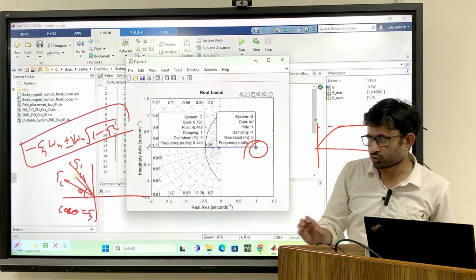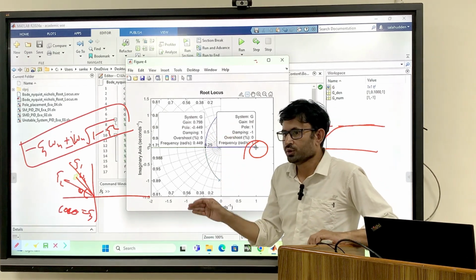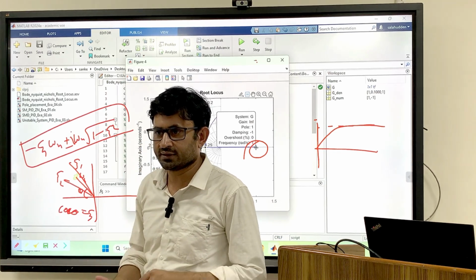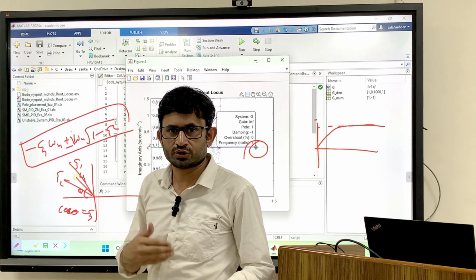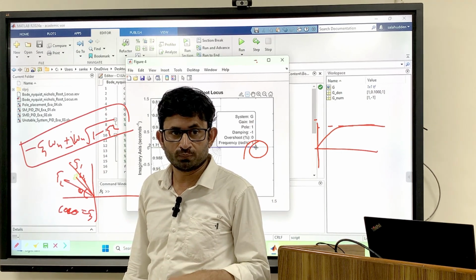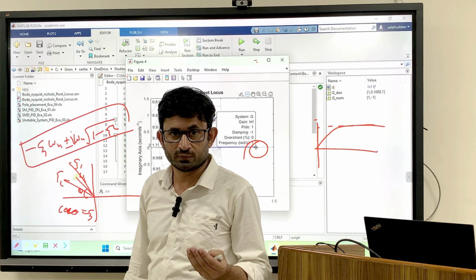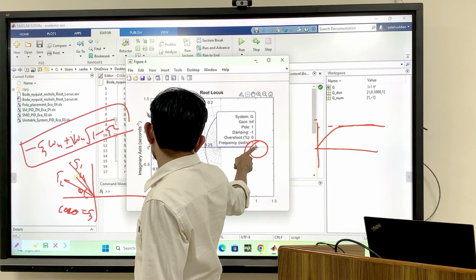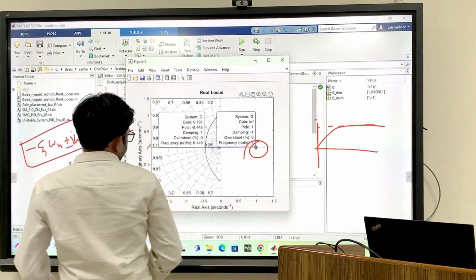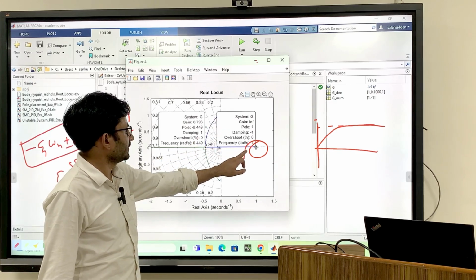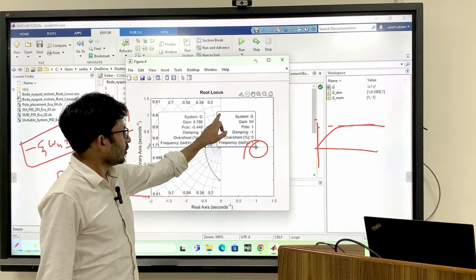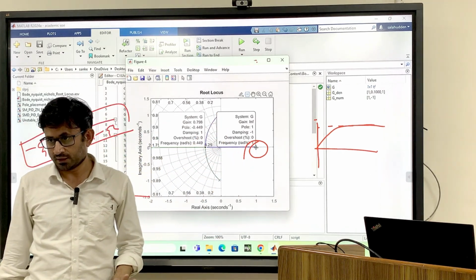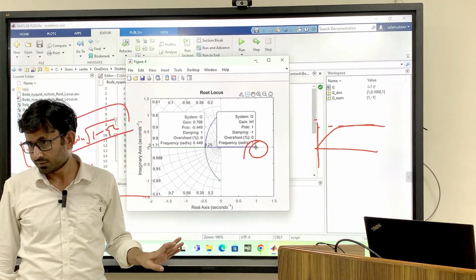Okay, so now I have shown you the root locus in MATLAB, and what I said in the theory: when you increase the gain from 0 to infinity, you will be moving from open loop poles to open loop zeros, and that is how I have shown in the diagram.